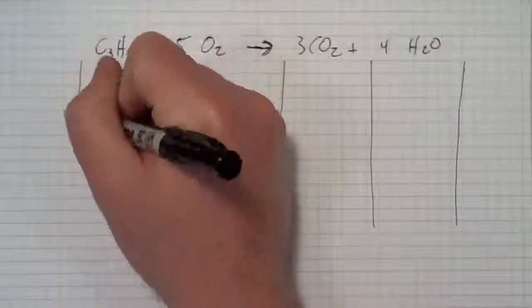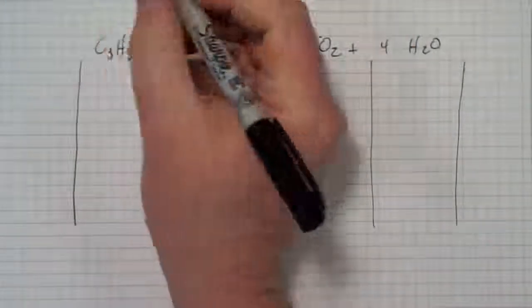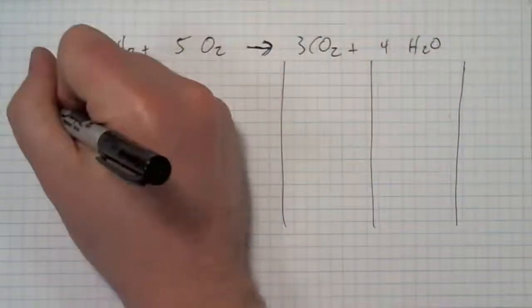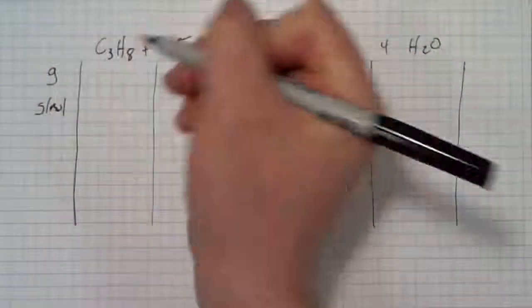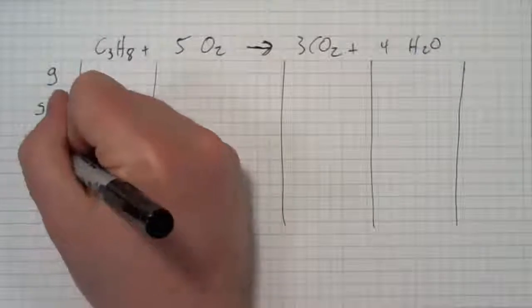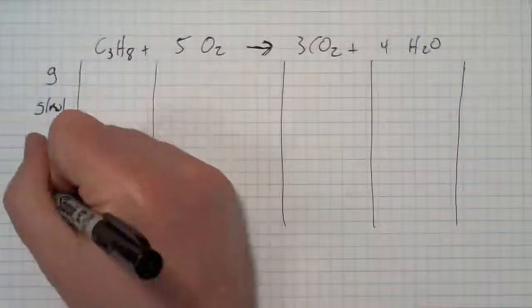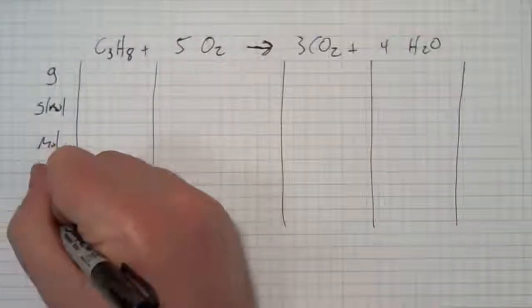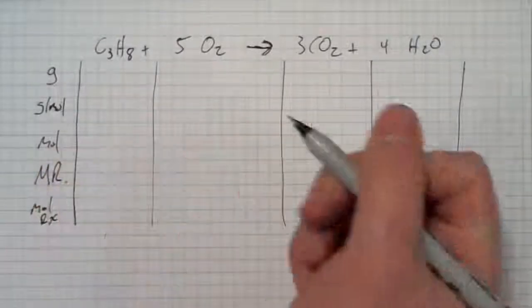And then we're always going to have 5 rows: grams for the mass, grams per mole for the molar mass, moles for the amount, the molar ratios, and of course the moles of reaction.